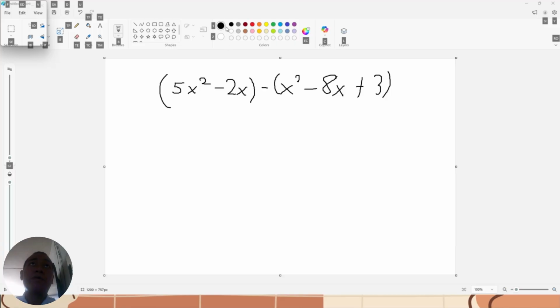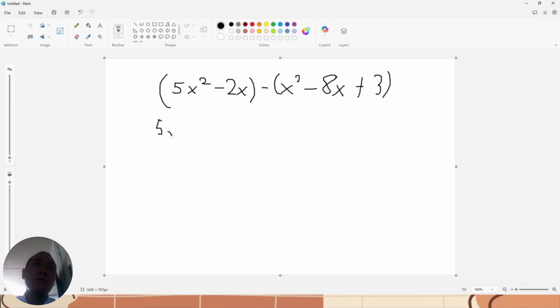Remember that first you have to bring this down, just 5x squared minus 2x, and then see that this is a positive x squared. We turn it into a negative x squared.